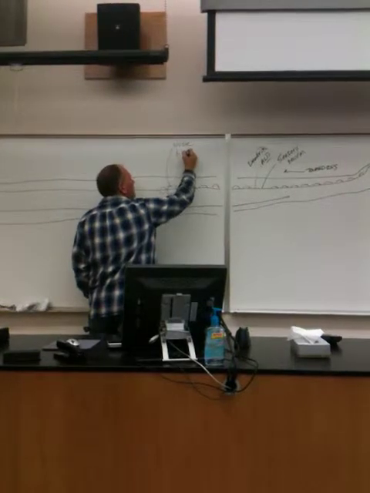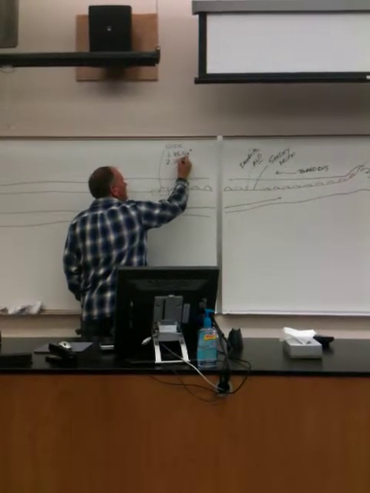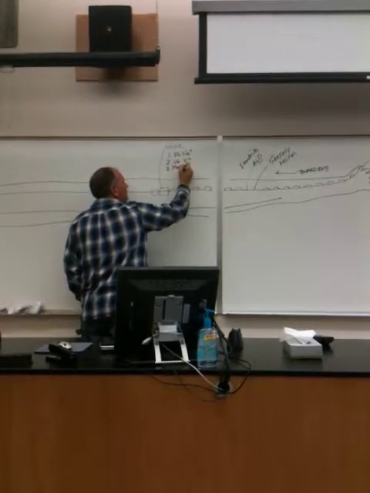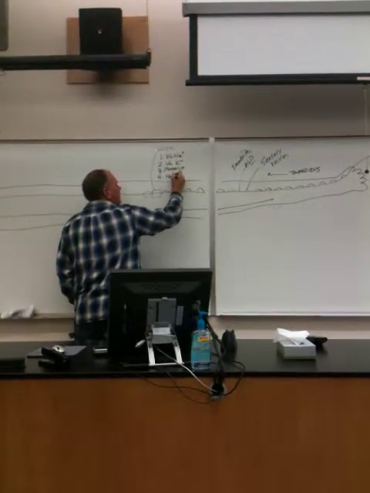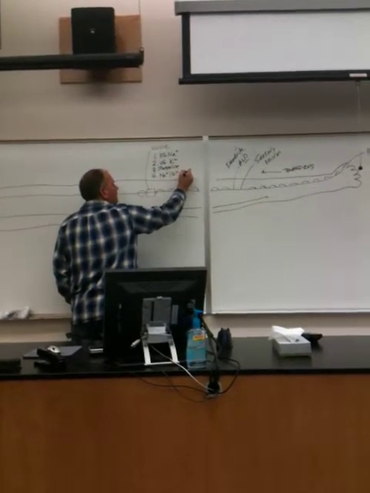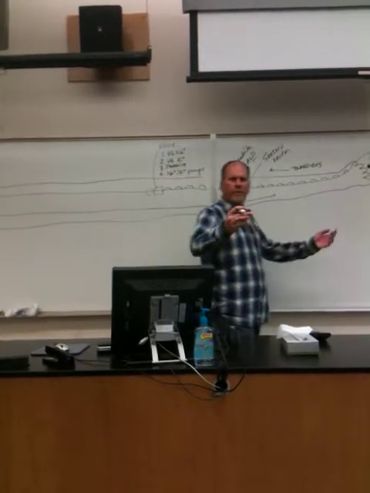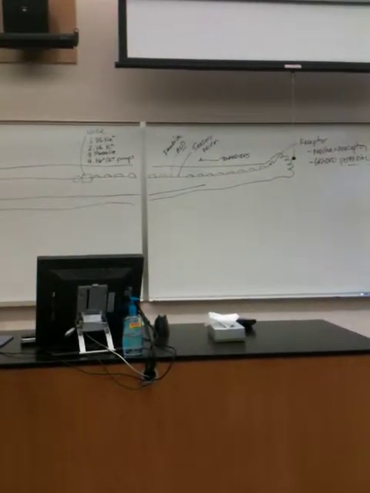Located at the node, we would have a voltage-gated sodium channel, a voltage-gated potassium channel, passive channels, and what else? Our good friend, the pump. So wherever you have this gap in the myelin, you have these four things.